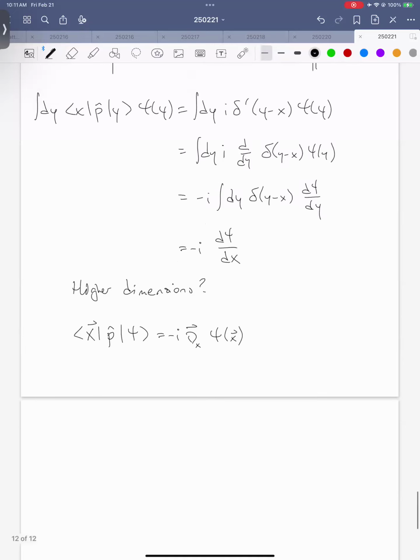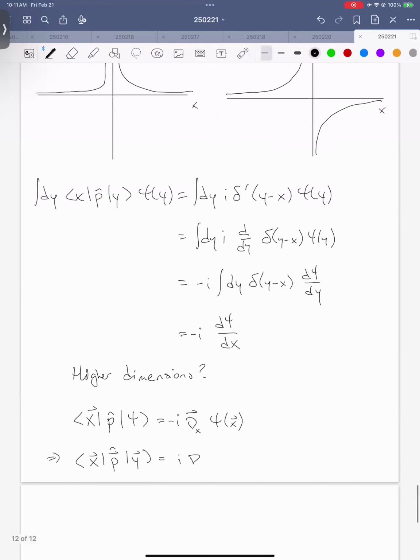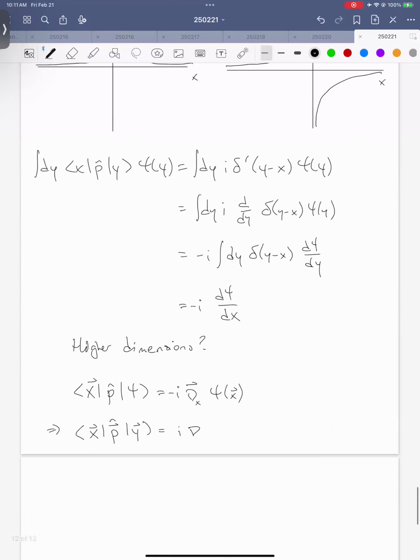And so then our x, p vector hat, y, this is going to be equal to, let me get my signs right, yeah, i gradient with respect to x of the n-dimensional Dirac delta function x minus y.